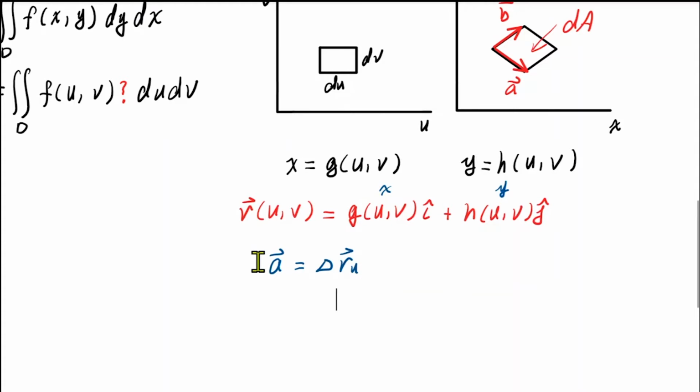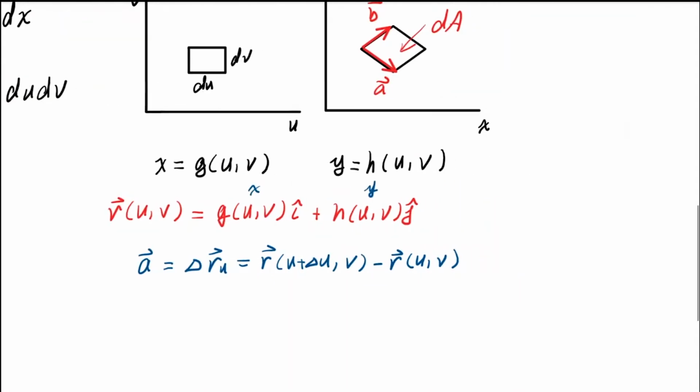Okay, I'm going to write it. So this thing means r of u plus delta u, v as a constant, minus r of uv. Is that better? Okay, wait, that looks so familiar.